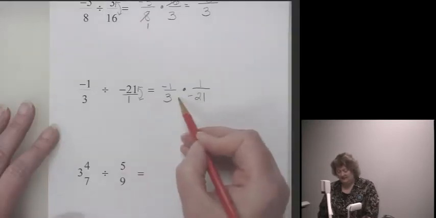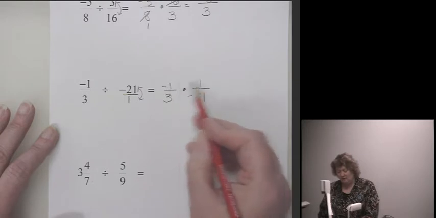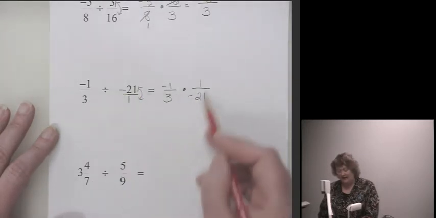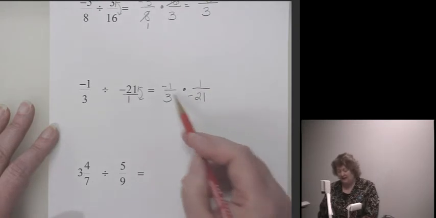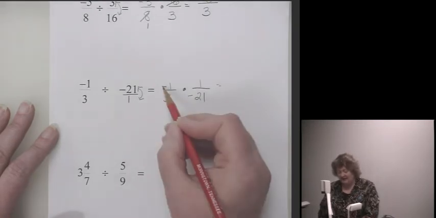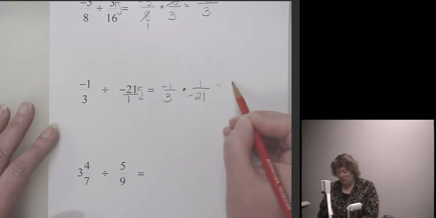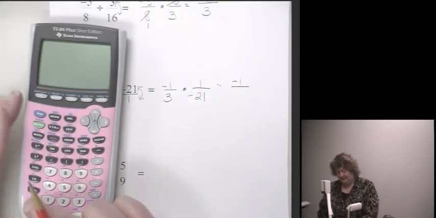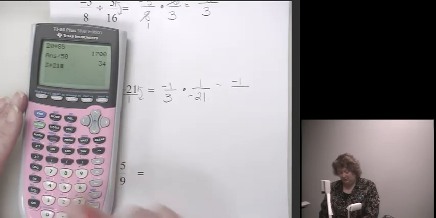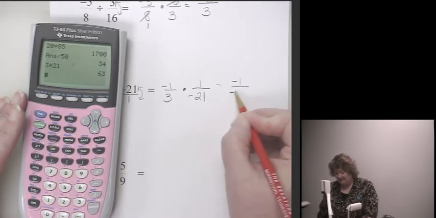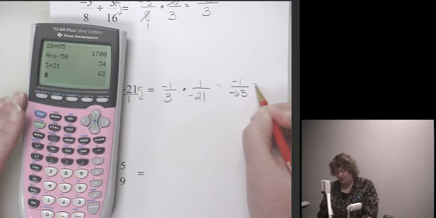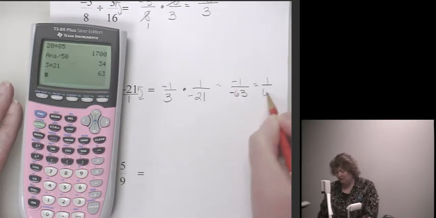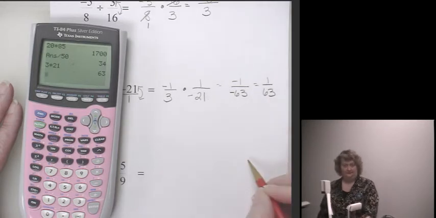Then we see what we have. Oh no, I can't divide the 3 and the 21 like I wanted to here. I have to wait till I get over here. And when I do that, I see I have a negative 1 on top, and 3 times 21, a negative 63 on the bottom, which, a negative divided by a negative, gives me a positive 1 over 63.